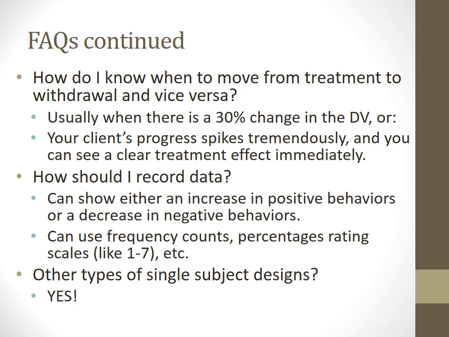In this case, even if you only have one data point for treatment in that B phase, you can go ahead and either withdraw treatment if you're using a withdrawal design, or if you're using a multiple baseline design, you can start targeting your second behavior or participant or setting.